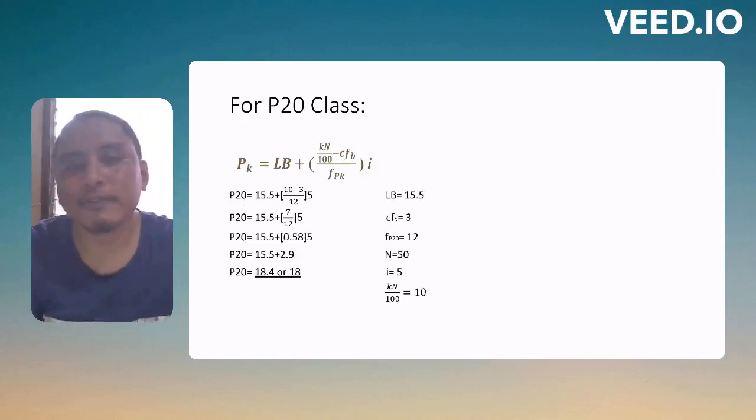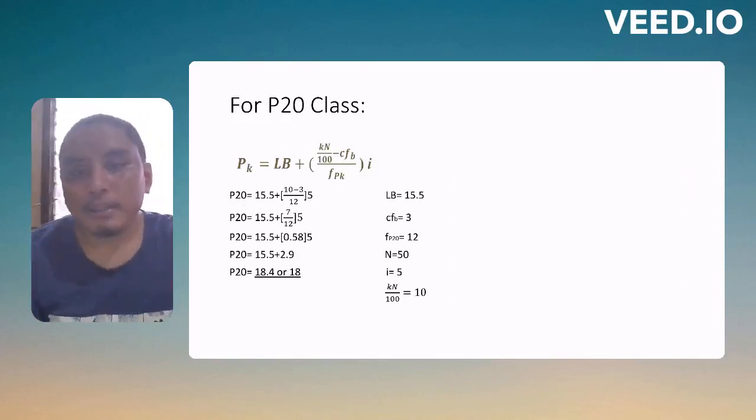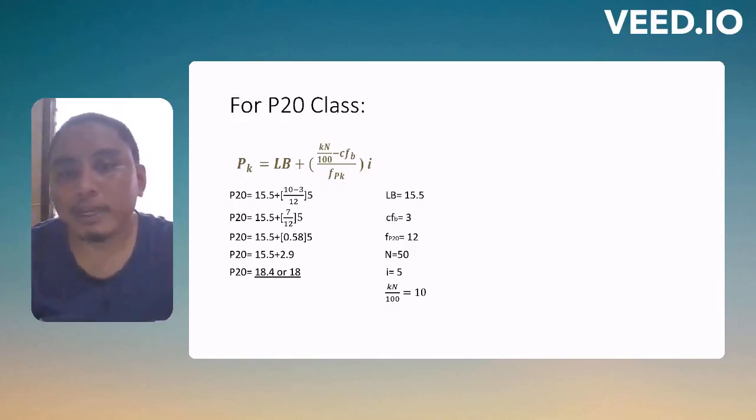So this is the formula for the P20. P20 is equal to 15.5 plus 10 minus 3 over 12 multiplied by 5. So P20 is equal to 15.5 plus 7 over 12 multiplied by 5.